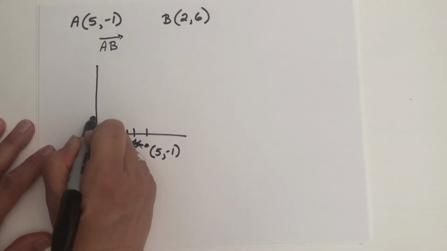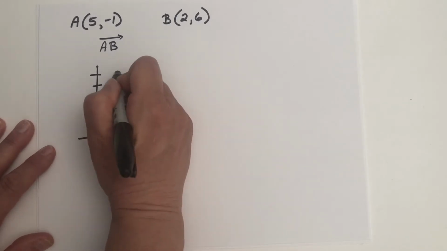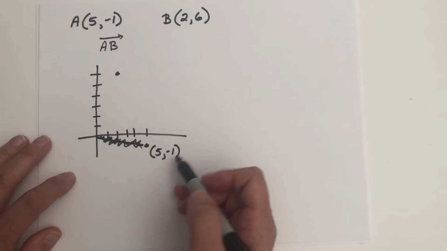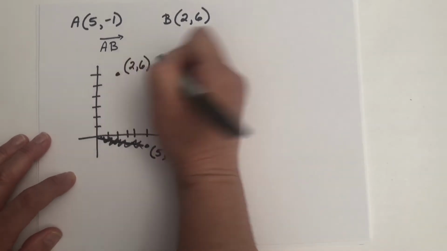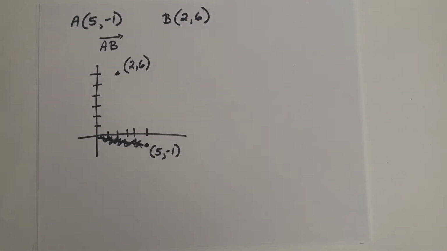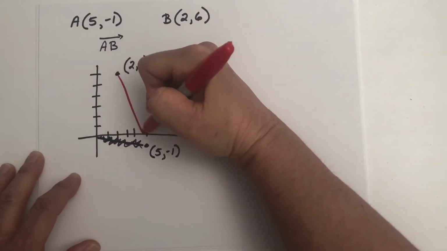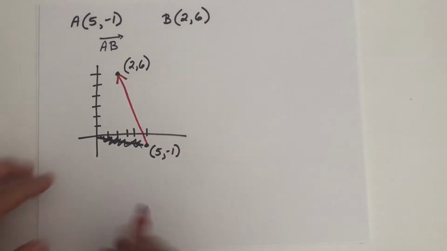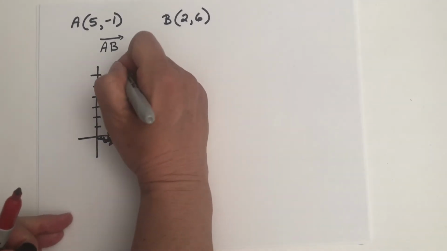So 2, 3, 4, 5, 6. Here's its terminal point right here. So our initial point is at (5, -1), and our terminal point is at (2, 6). So we're trying to find the component form of this vector right here. And that's our vector AB, since this is our point A and this is our point B.